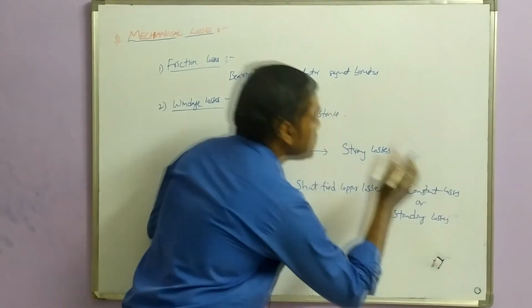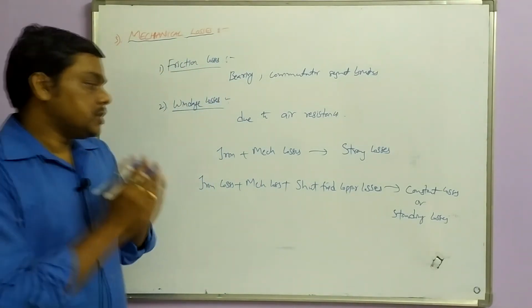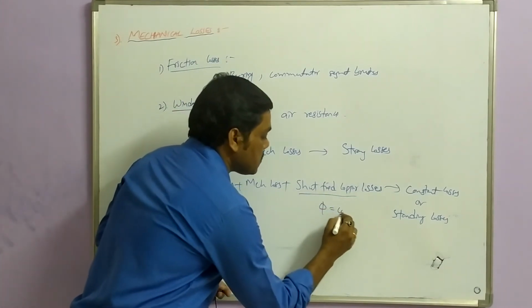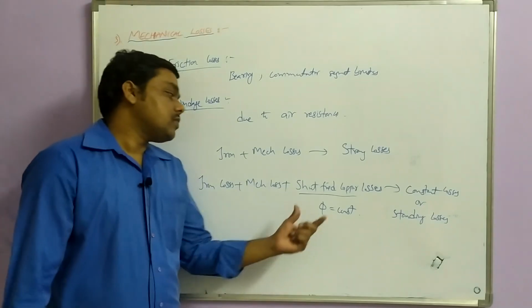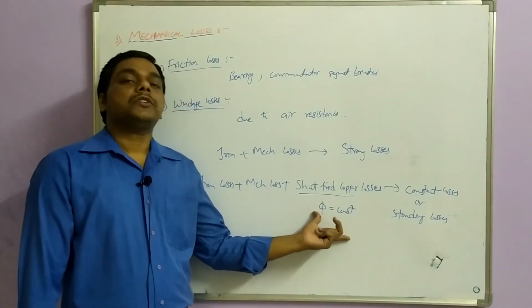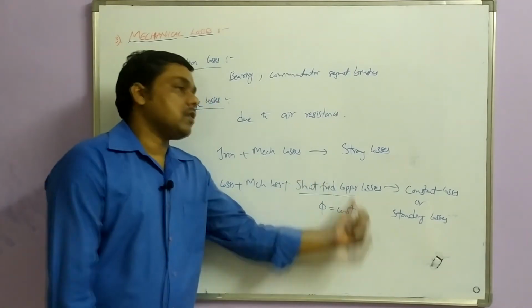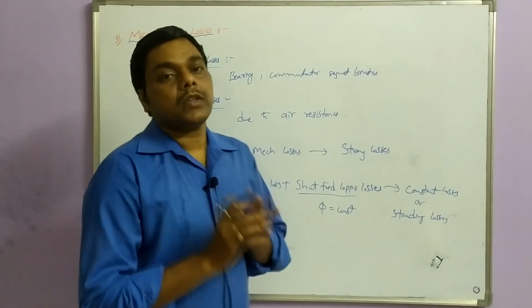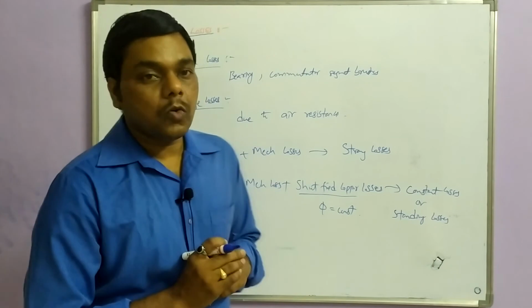So why are they called constant losses? For a shunt machine, the shunt field winding flux is going to be constant. Since the field current, the shunt field current ISH, is constant, the shunt field copper losses are also constant. Generally the field flux remains constant until there is a sudden change in the load.